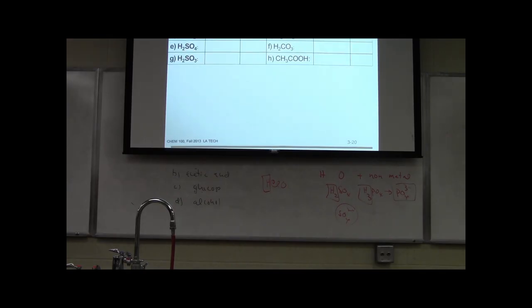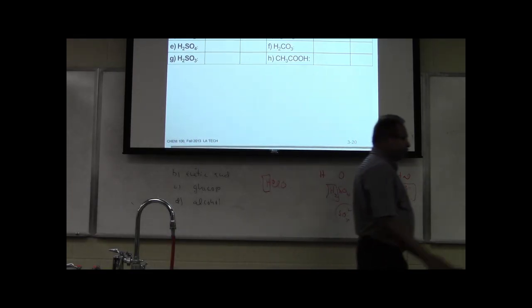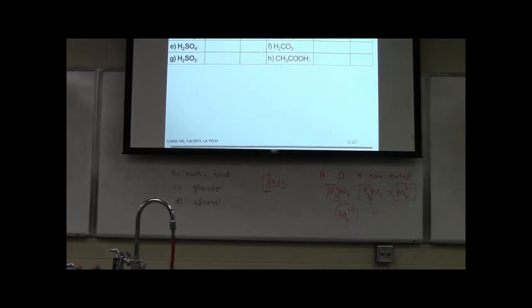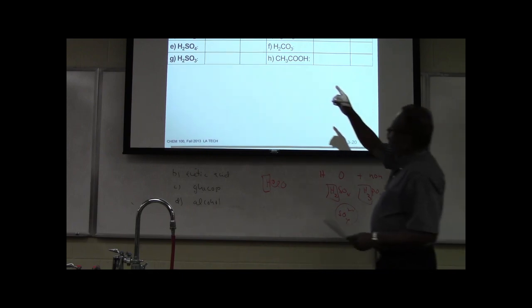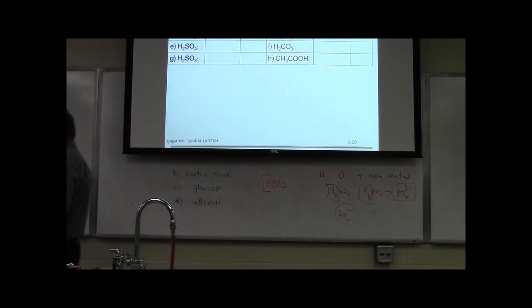Okay. Now this is the problem. Okay? Now you have to do it. Okay. Name of the acid. What is the first one? A. Nitric acid, the ion is nitrate ion.